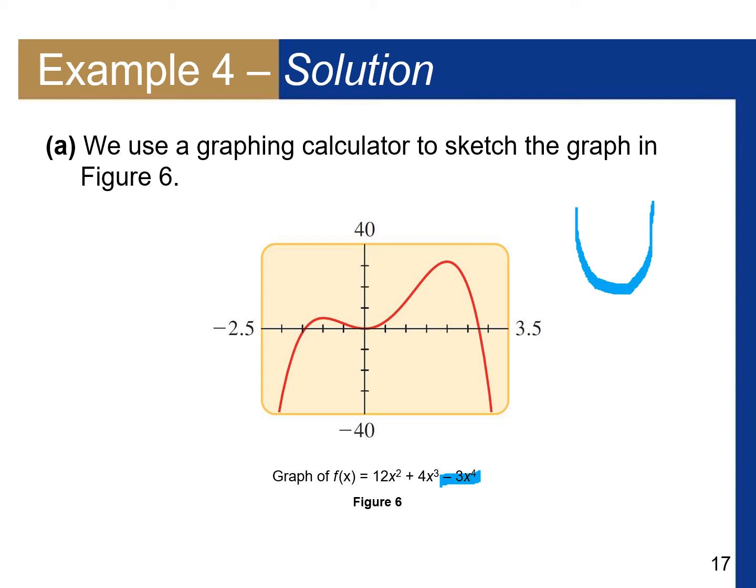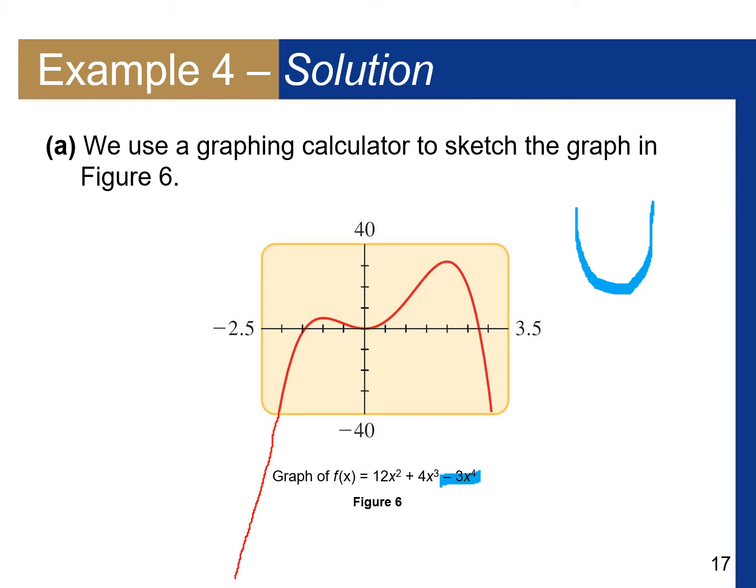Now, if I were to take a look at this and I wanted to know where my domain and range were, let's see what we would get. Well, my domain, it looks like it continues on here for a long period of time. I don't know at first how long it continues, what it's going to do, but it looks to me like this is going to go on forever and ever.